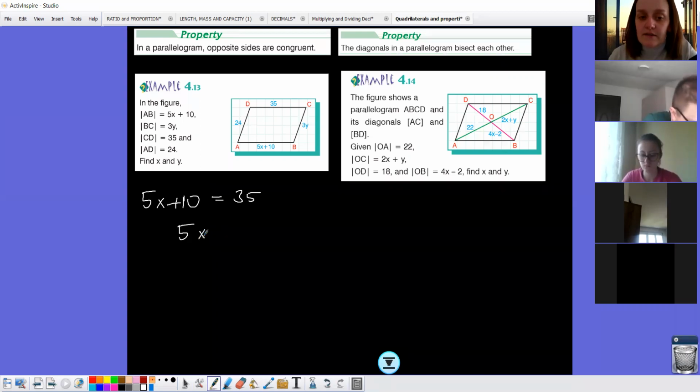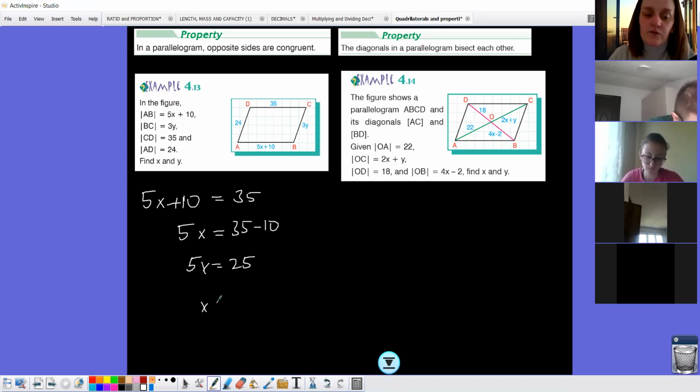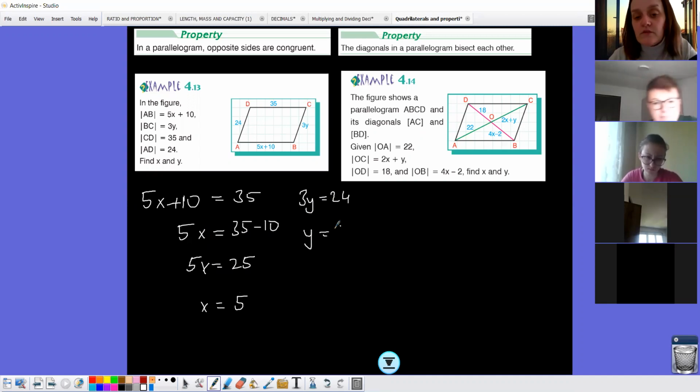Then 5x is equal to 35 minus 10, 5x is equal to 25, then x will be 5. For y, 3y is equal to 24, directly, the opposite sides, and y is equal to 8.